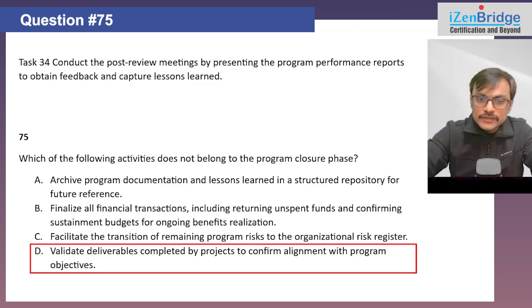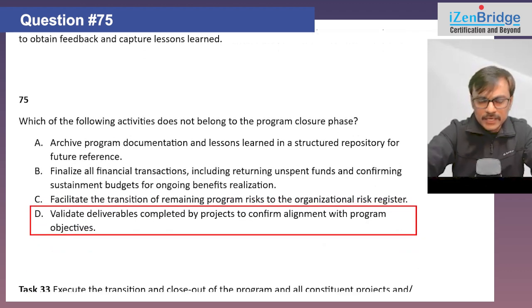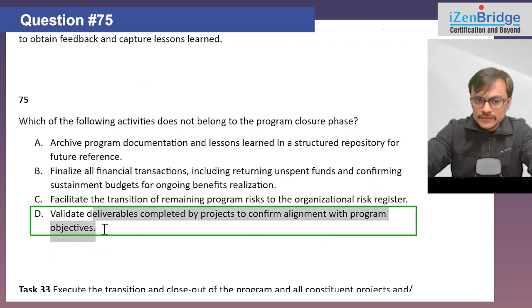Option D, validate deliverables completed by projects to confirm alignment with the program objective. You probably can do that. That's a possible thing you can do as part of program closure. But you should have done this before. It is not the time to talk about deliverables in our PgMP exam, in our program management lifecycle.